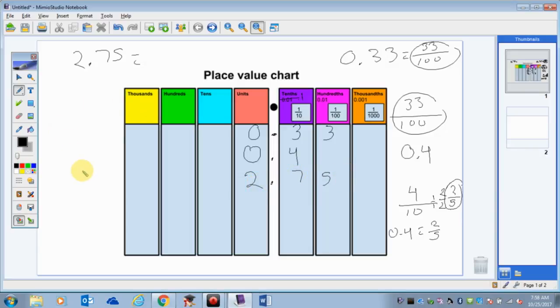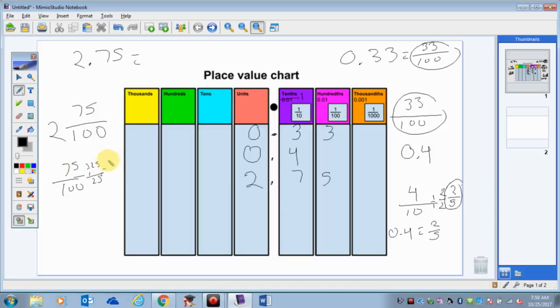When you say it, it's easier. 75 hundredths, so we have 2 and, here's the fraction bar, 75 over 100. That's how you get hundredths as fractions. So 2 and 75 hundredths. 75 over 100 can be reduced down. So we'll pull it away from 2 for a second and do 75 over 100. 25 will go into both of these.